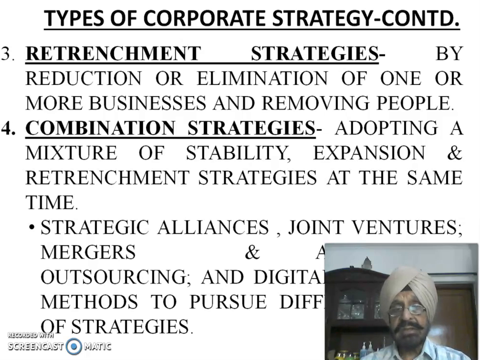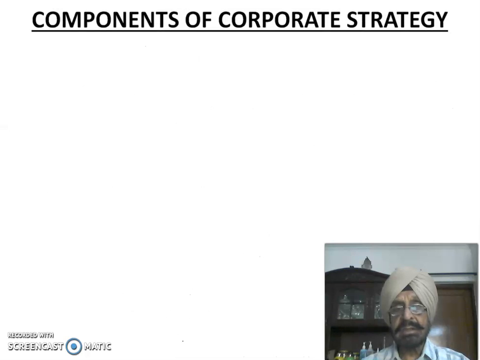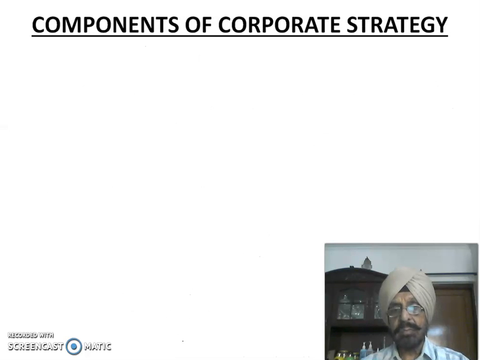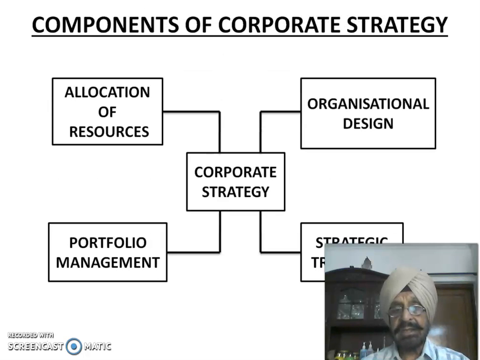So having studied the various types of corporate strategies, let us see what are the various components of corporate strategy. Components of corporate strategy, let's see a diagram, and in the diagram there are four components that we have listed: allocation of resources, organizational design, strategic trade-offs and portfolio management.